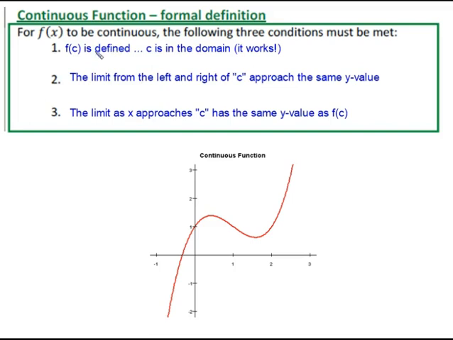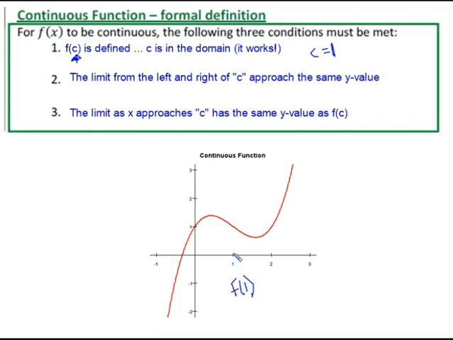The first one is that we have some x value, which we normally call c, meaning a constant, that's defined. In other words, c is in the domain. Just as an example, say our c value is 1. Down here I have f of 1.